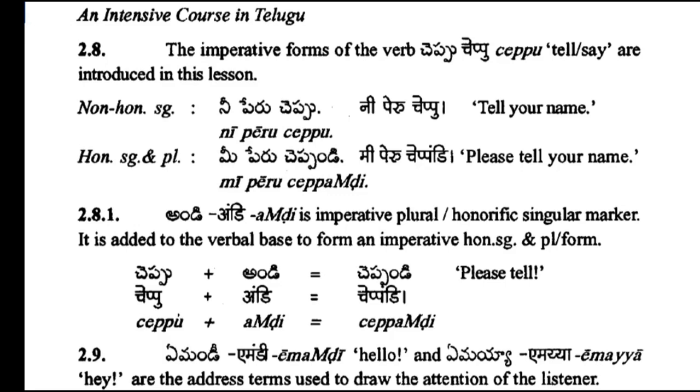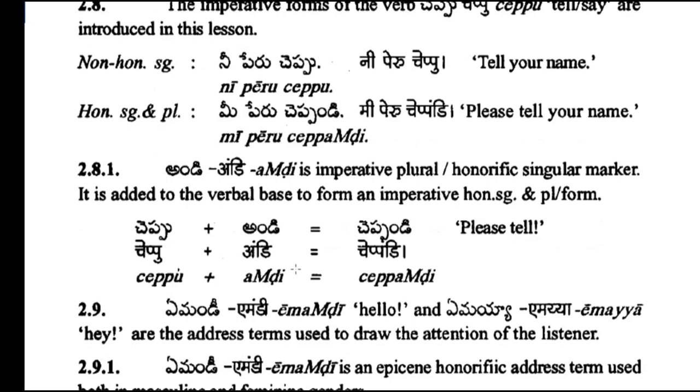Since Emandi shows more respect, usually in families the wife calls the husband Emandi. It's a usual way of speaking in families. But it is used by outside people also. Emandi naku biyam kavali.